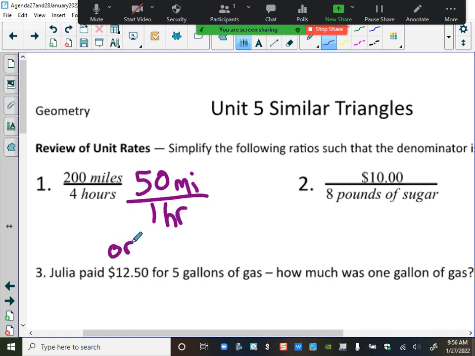I know it's more popularly known as 50 mph, which would be an acceptable answer. So I know some of you really like that. That's fine. Okay, what about the second one? You paid $10 to buy 8 pounds of sugar. $1.25 per pound.